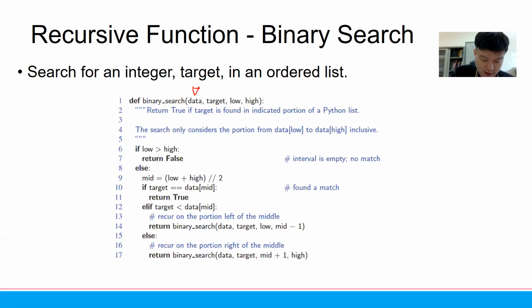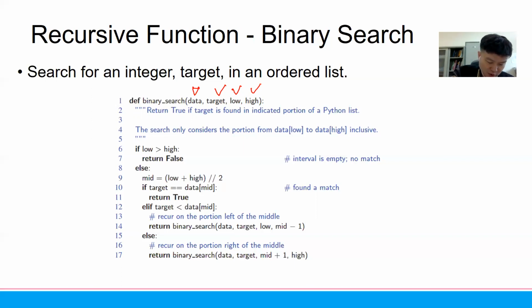Then the target is the specific value I want to find, let's say in the previous example, 22. And there are low and high. I assume that the numbers in the list have been sorted, so low is index 0 and high is index 15, for example.